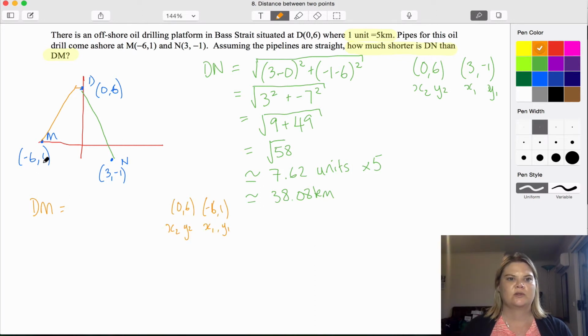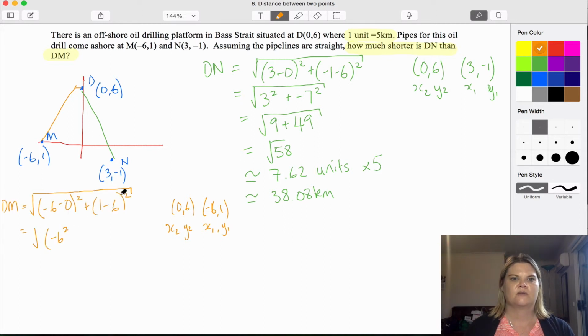Now we need to do the same for DM. I've listed my 2 coordinate points here as x1, y1 and x2, y2, so I know which ones are which, and now I'm just going to substitute them into the formula. So I've substituted the first line in. Yours might have been opposite, but as long as you get the same answer at the end, it doesn't matter which one is listed as 1 and which one is listed as 2.